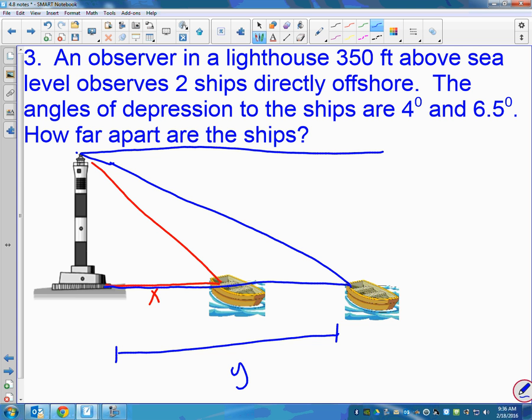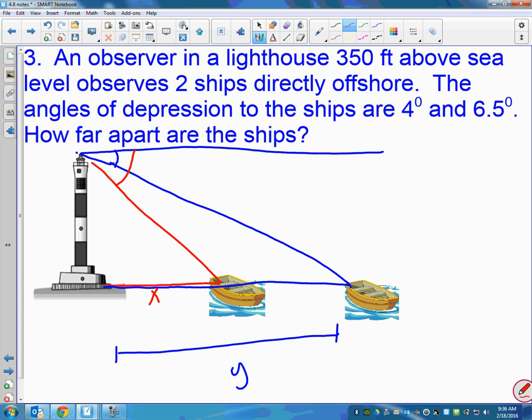The closer ship should get the smaller degree. The further away should get the smaller degree. I always just kind of draw it. So like if I drew this one, that would just be that amount, right? And if I did the red one, that would be from the horizontal down to here. So the closer one has the bigger angle of depression there.